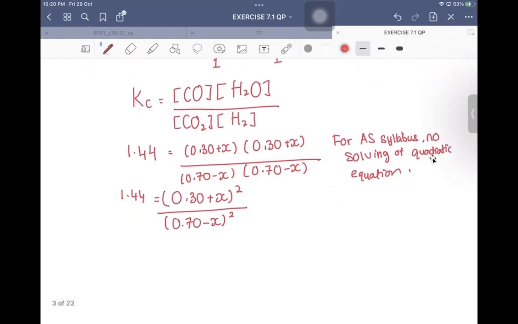So I don't know how fast you can do this, but because top and bottom is raised to the power of 2, to cancel that out, I take the square root of 1.44. Is that okay for you?